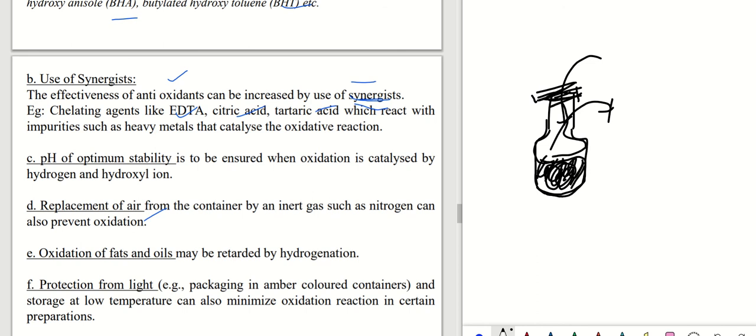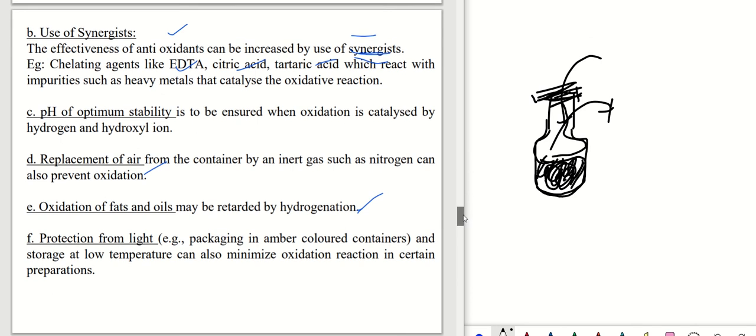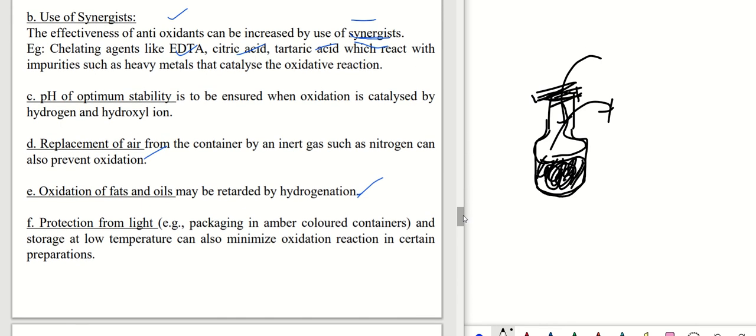And the next one is protection from light. Coming to this oxidation of oils, this concept is mostly used for oil soluble vitamins. And the next one is protection from light. So amber colored containers, which means brown colored containers.